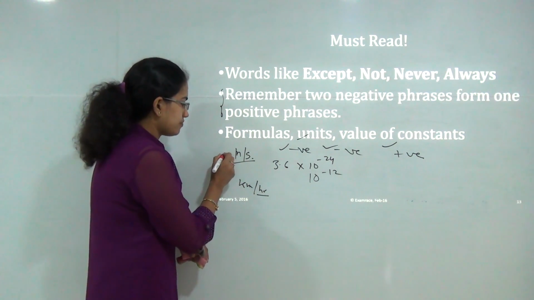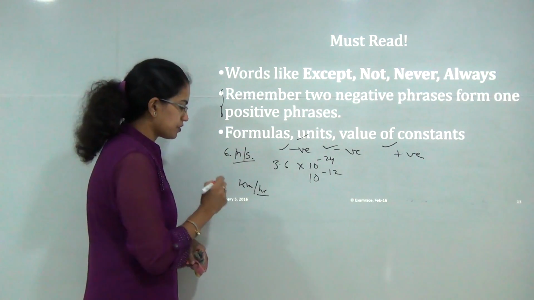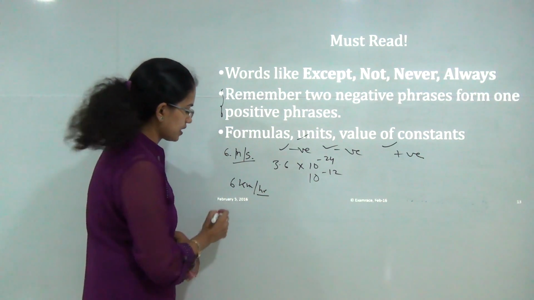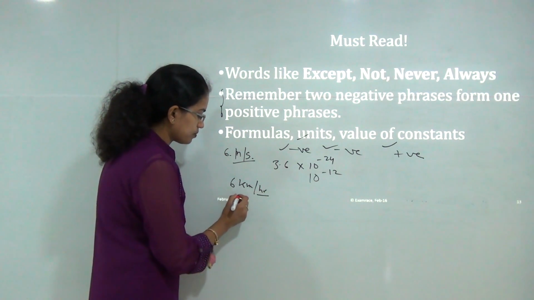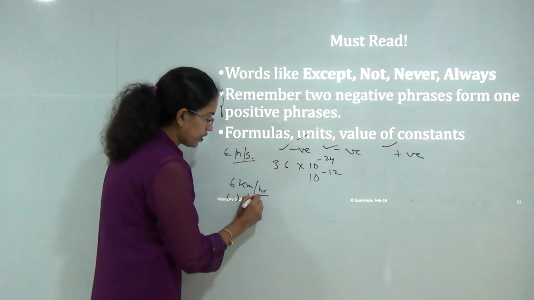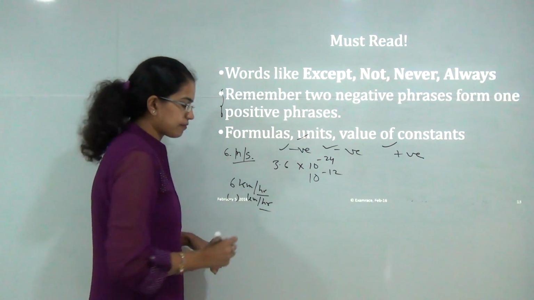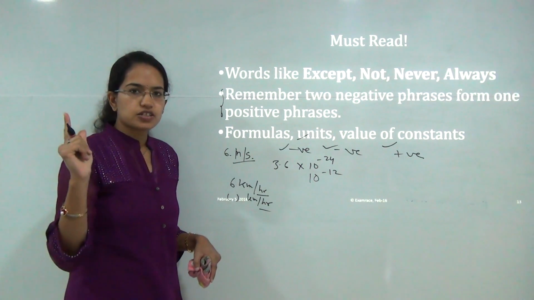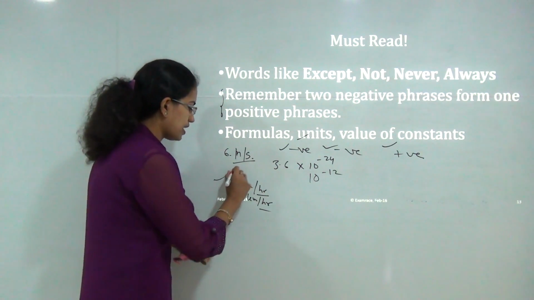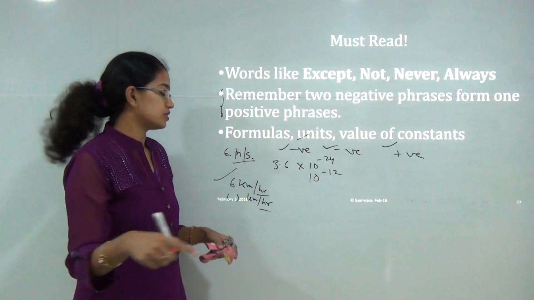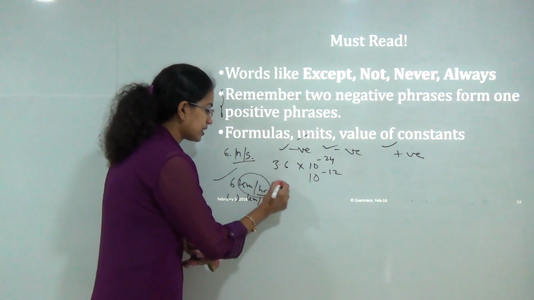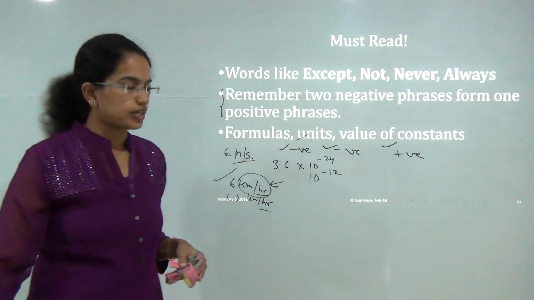If the answer is 6 meter per second, they will put a choice of 6 kilometers per second and then they will convert it and also put the correct value for kilometer per hour. So while solving the question, the answer comes to 6 and you mark 6, skipping the units. So it's very important to pay attention to the units very, very carefully.